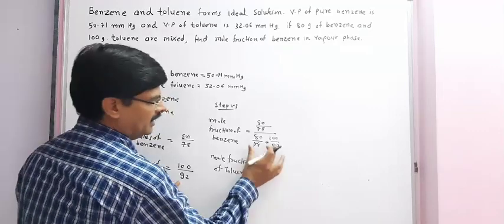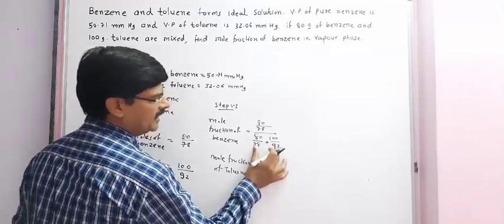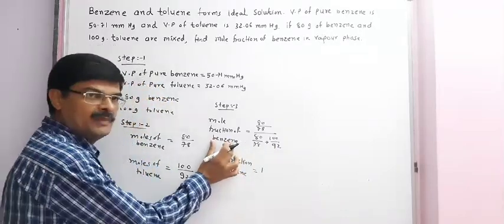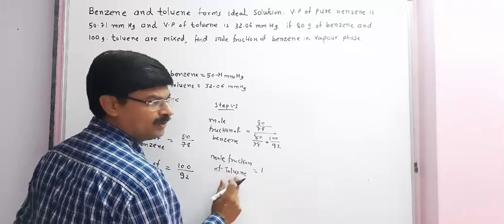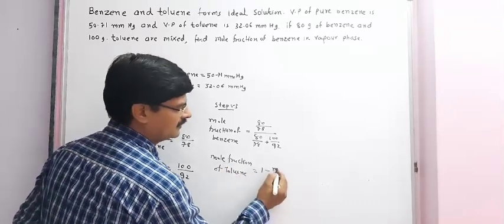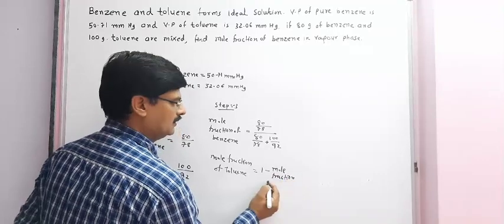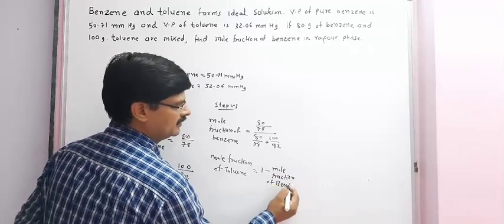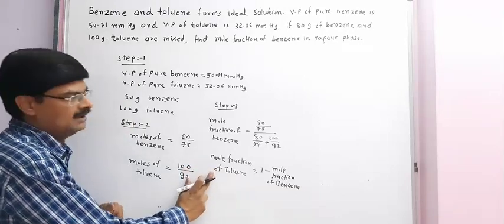In the same way, if this answer is available, then if we subtract this answer, that is mole fraction of benzene, from 1, we will get the answer for mole fraction of toluene. 1 minus mole fraction of benzene gives the mole fraction of toluene.